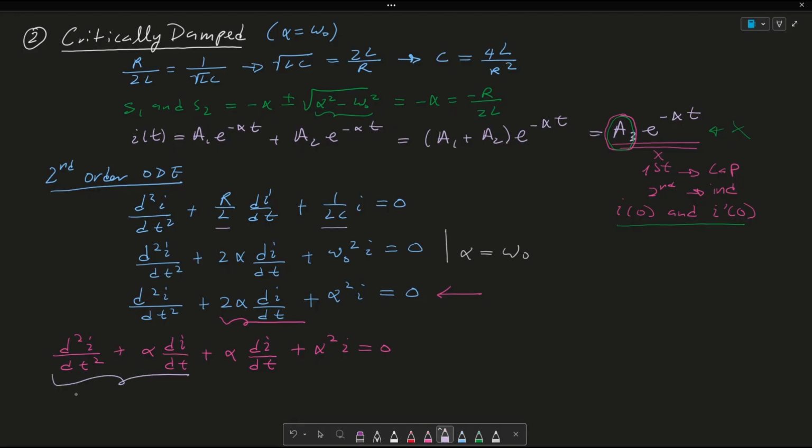Between these two terms, I can pull out a d over dt, and I'm left with dI over dt plus alpha I plus, if I pull out an alpha within these two terms, I'm left with a dI over dt plus alpha I is equated to 0. And let me call this equation number 1 for this video.